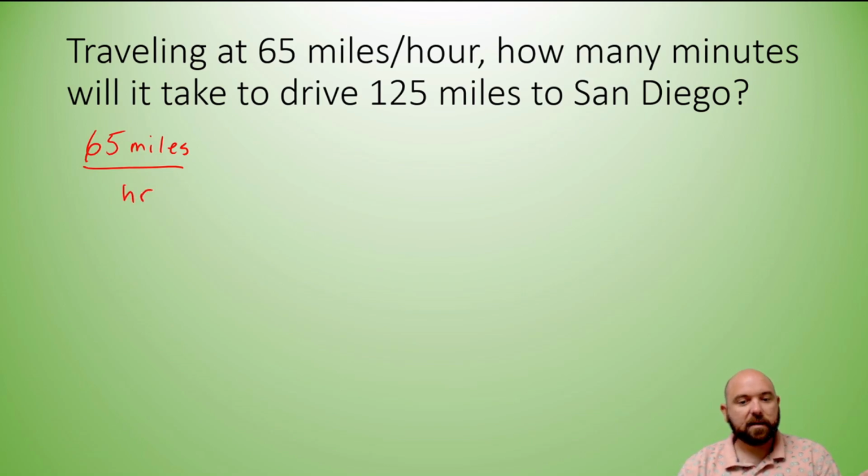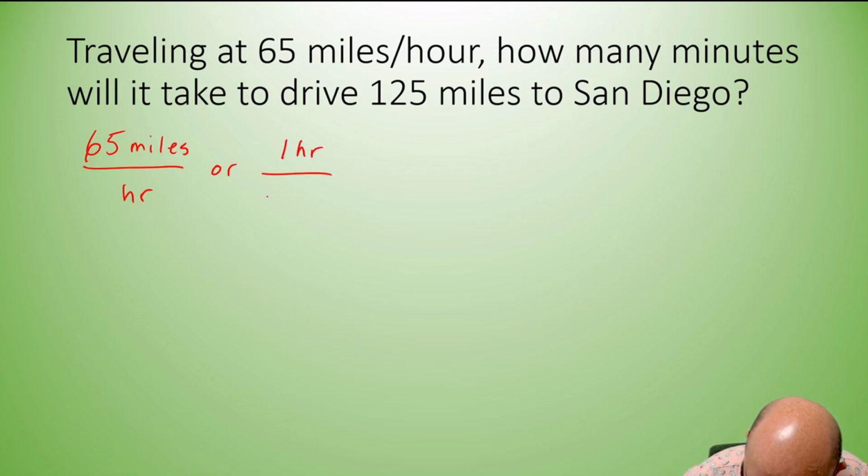If we write it out like that, we might see that this looks like one of those conversion factors that we've used in other problems, and it can be treated just like one of those conversion factors. We can write it as 65 miles per hour, or we can write it as 1 hour will carry us 65 miles. And so we can use that in our dimensional analysis here to cancel out units where we need to.